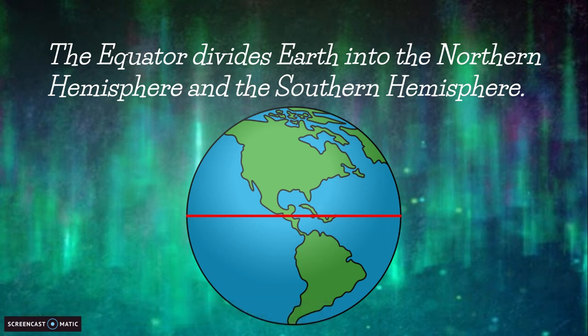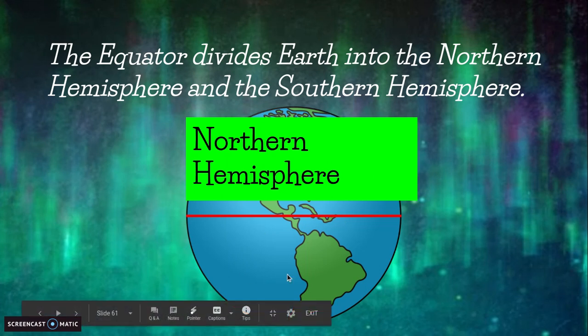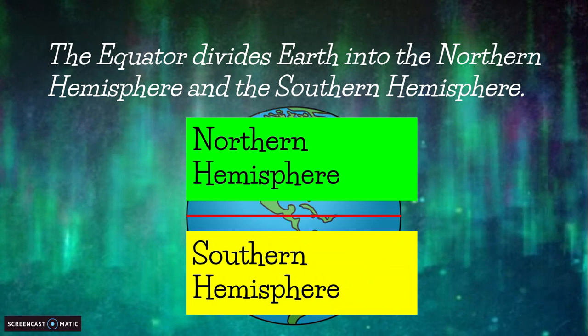Using our cardinal directions, we know that the top half is known as the northern hemisphere, or the northern half. And this bottom half is known as the southern hemisphere, or the southern half.